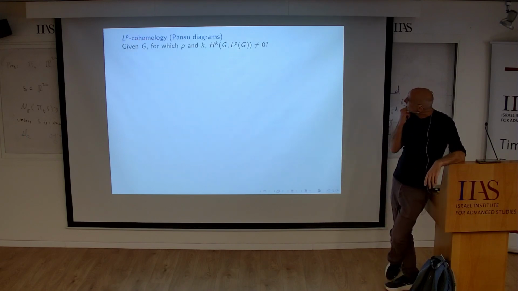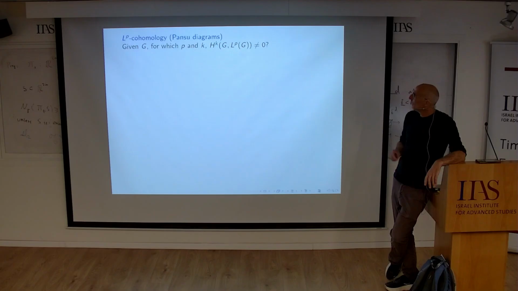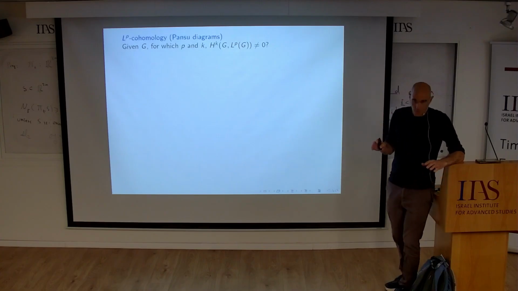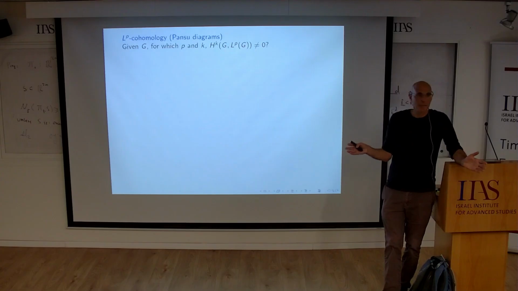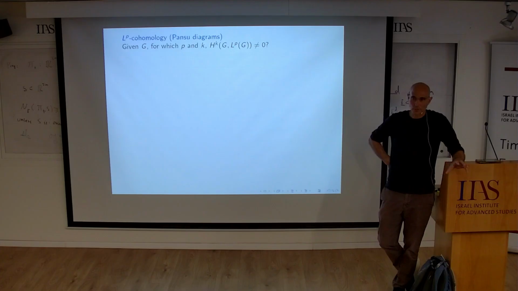Now I want to discuss and relate this work to another study of L^p cohomology done by Pansu mainly and Gromov. There is a long tradition of this, but in the setup of Lie groups, if you look at any metric space or any manifold, I can try to compute the usual de Rham cohomology of it. If the manifold is compact, I can use L^p forms when computing the de Rham cohomology, and I will get the same result.